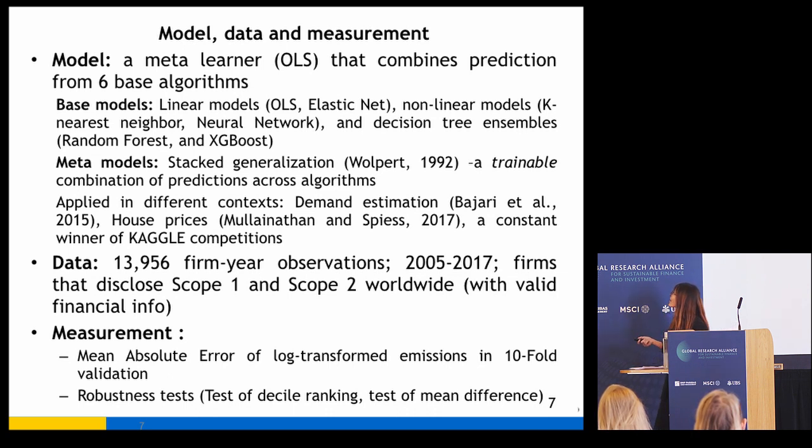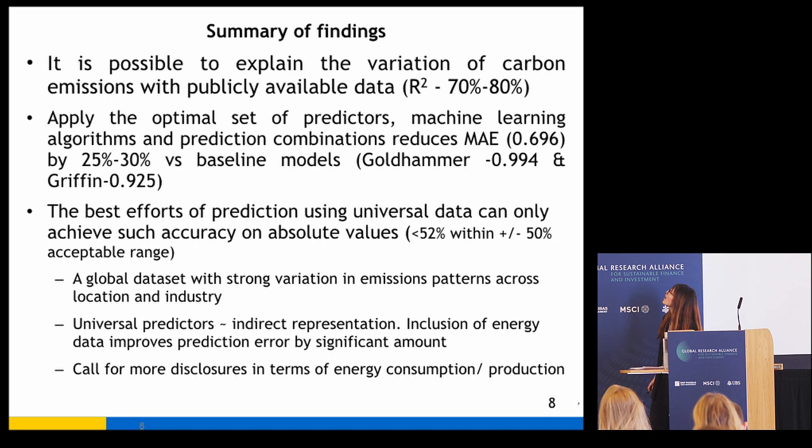I'm going to talk about it later, but our measurement is not about in-sample goodness of fit. Our measurement is about out-of-sample mean absolute error, and we want to reduce the mean absolute error as much as possible. We also conduct a lot of robustness tests, and I'm going to walk through that in more detail in the next session.